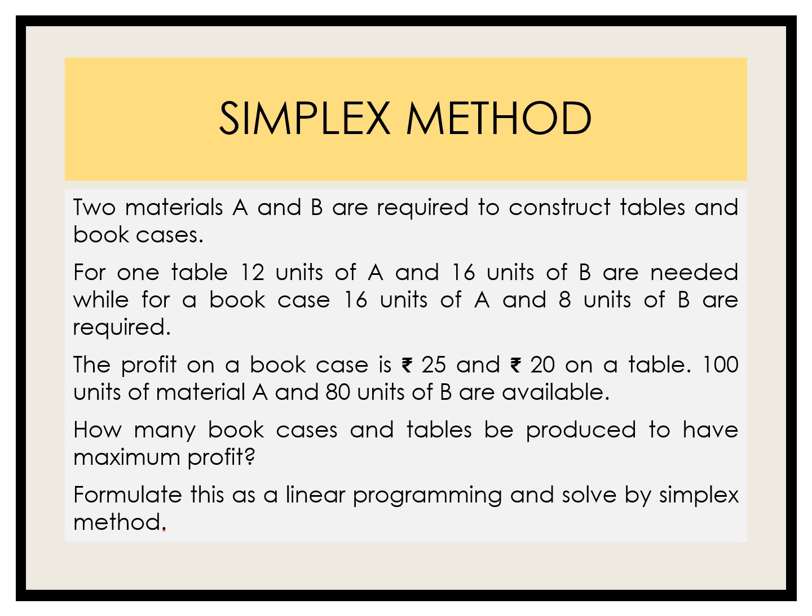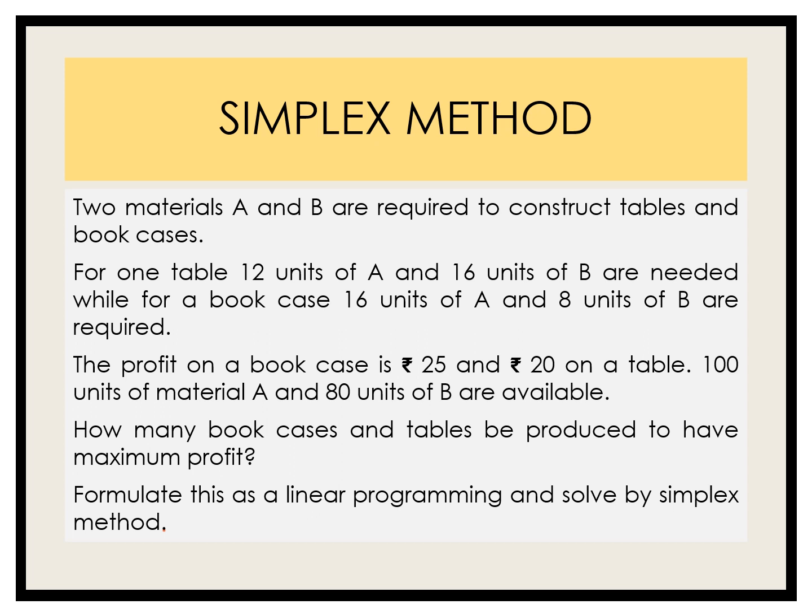The profit of a bookcase is rupees 25 and rupees 20 on a table. 100 units of material A and 80 units of material B are available. How many bookcases and tables be produced to have maximum profit? Formulate this as a linear programming problem and solve by the simplex method.